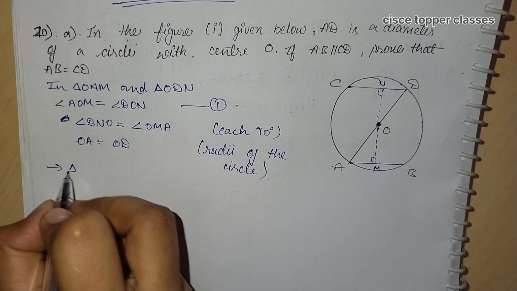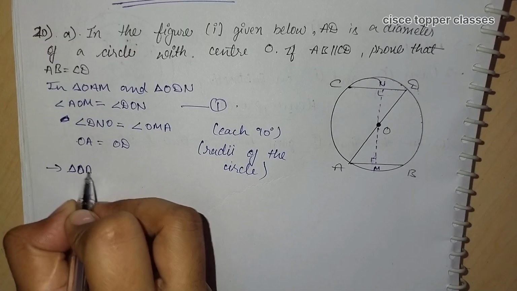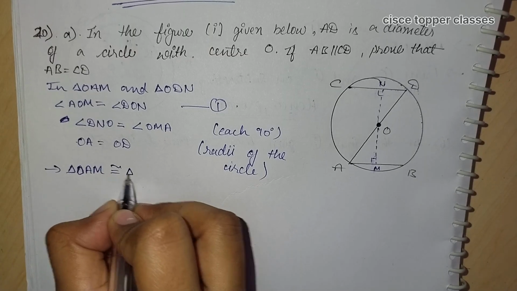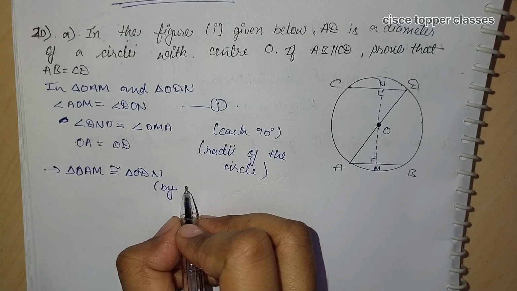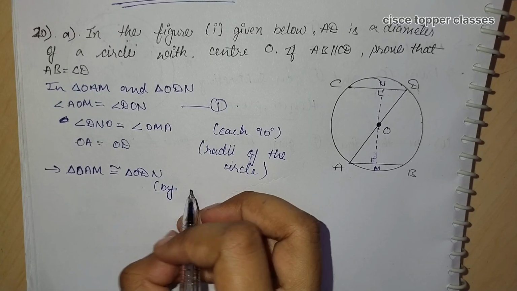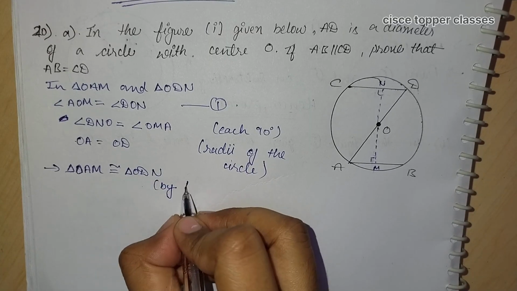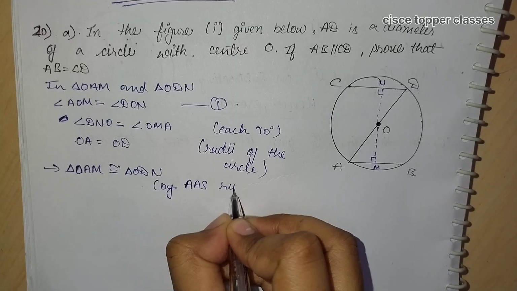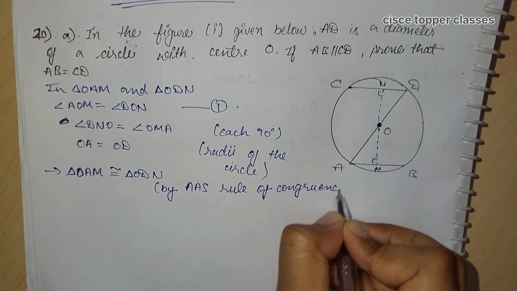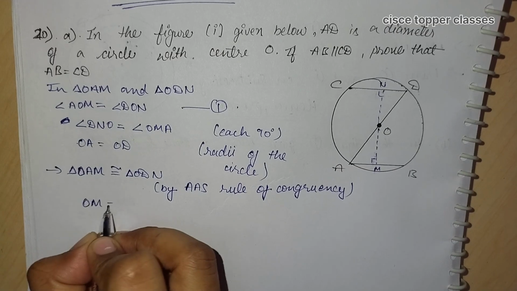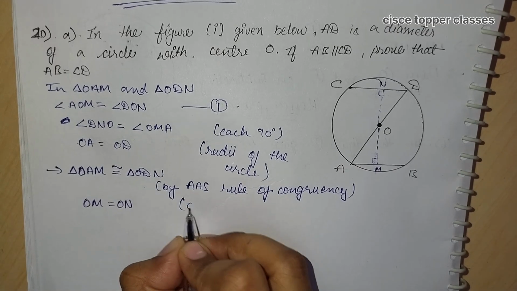From that we can prove triangle OAM is congruent to triangle ODN by the angle-side rule of congruency. And now we can say OM is equal to ON by CPCT.